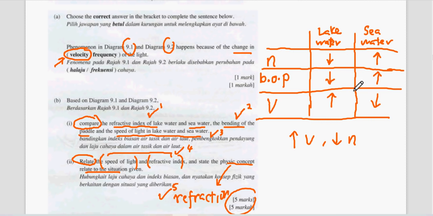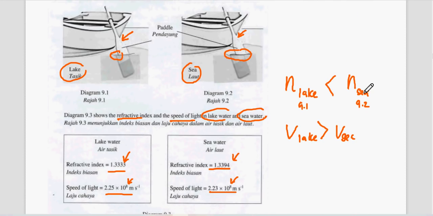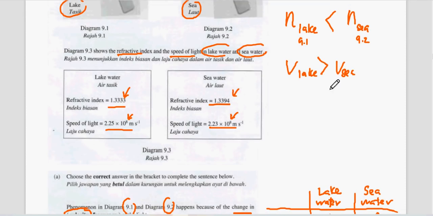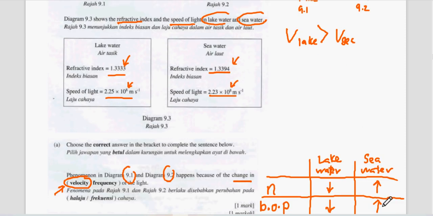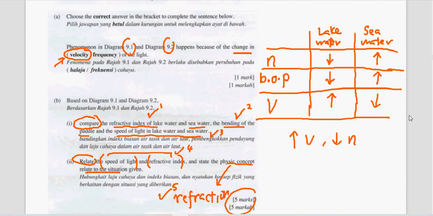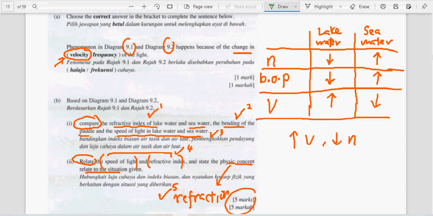Next one here. So by referring to this that we already made just now, alright. So N for lake, refractive index for lake is smaller. Alright, and then the refractive index for the sea water is greater. Okay, and then for the velocity, speed of light in the lake is greater, like that. Okay, so when you compare like this it is considered a full sentence actually. See, the refractive index of lake water is smaller than the sea water.